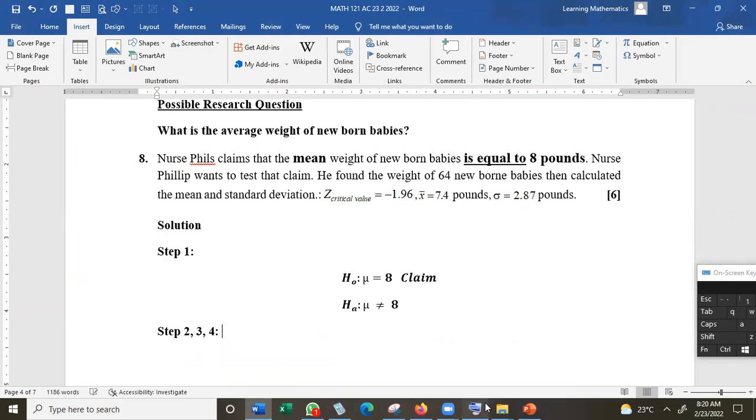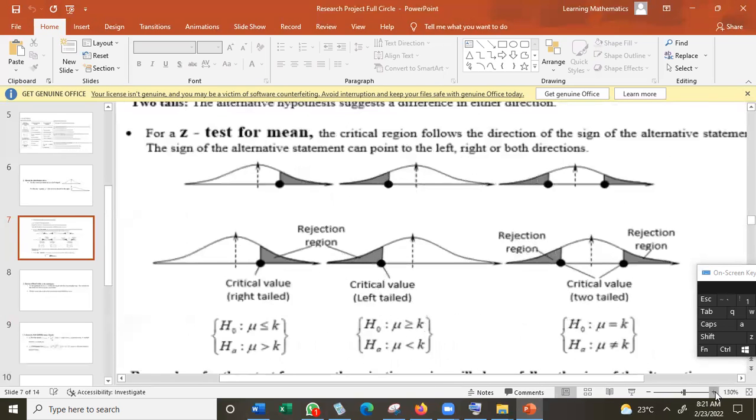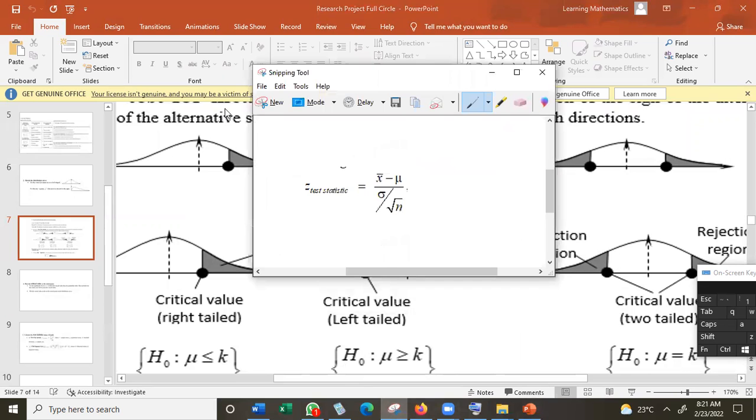So here's the curve. It's a normal curve, and since the HA carries the not equal sign, it's a two-tail. Remember, the rejection region depends on the HA symbol. Because the HA is a not equal, we have to take the two-tail curve, with two rejection regions.